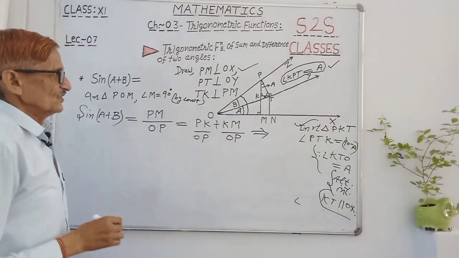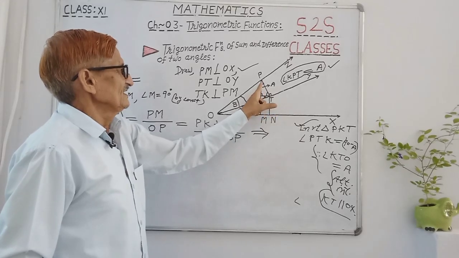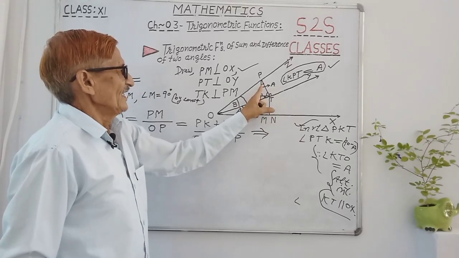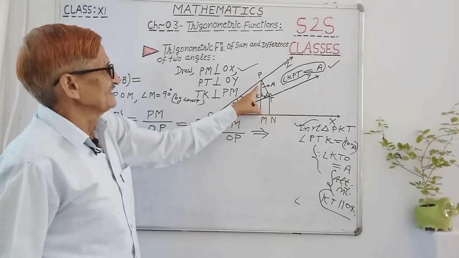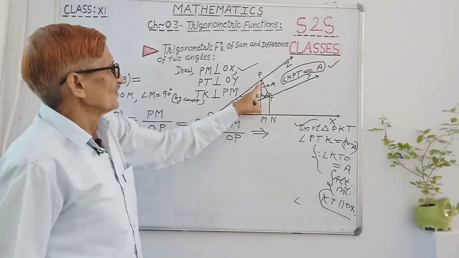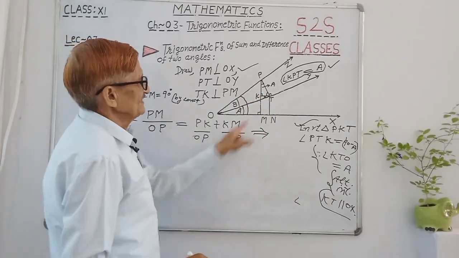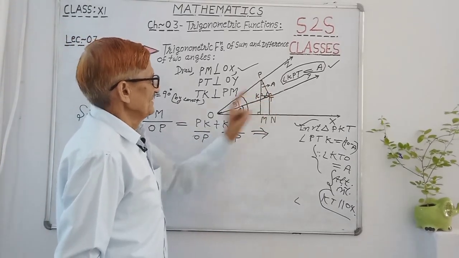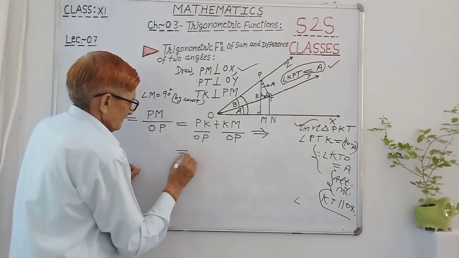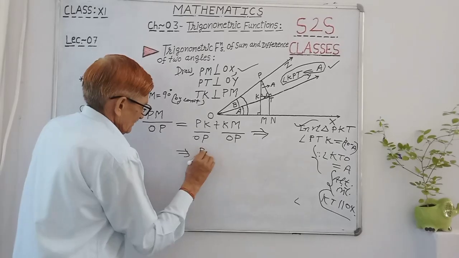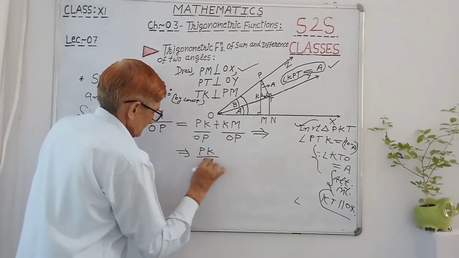Okay, so in this right triangle, take this angle. What is PK here? PK is one side, that is the adjacent side with angle P. So adjacent side divided by hypotenuse, and the hypotenuse in this right triangle is PT. So PK divided by hypotenuse PT.